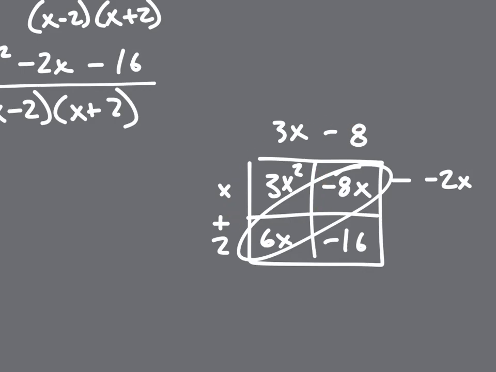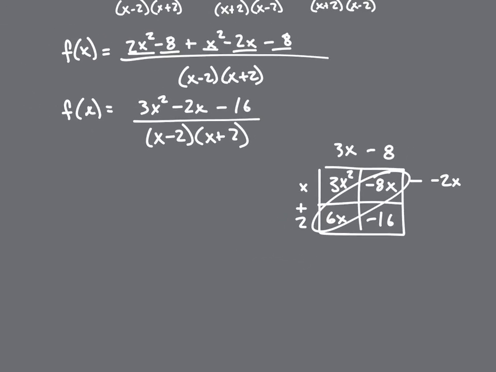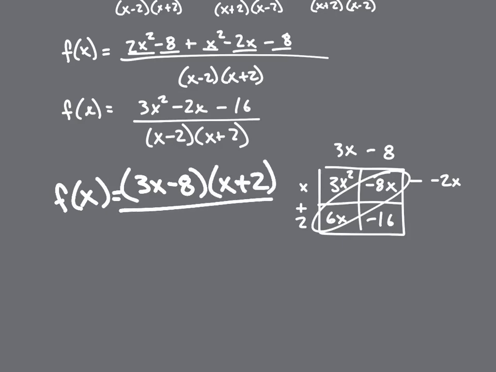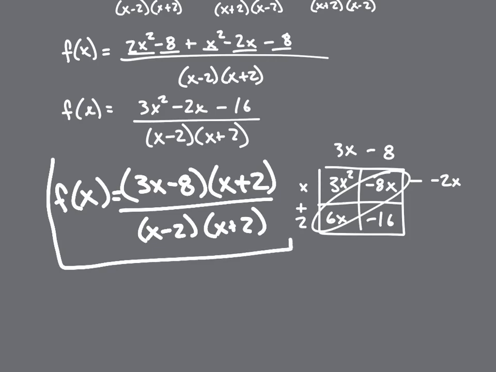Okay, now what I want to do is rewrite my numerator. So I'm going to write this as f of x is equal to 3x minus 8 times x plus 2, over x minus 2 times x plus 2. Now this is really important, that we realize we've got to at least have this part here, because this will help us with our restrictions.